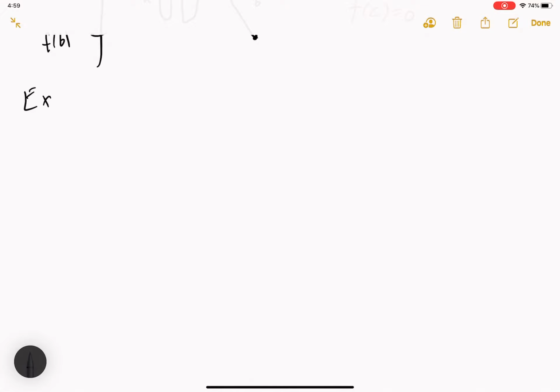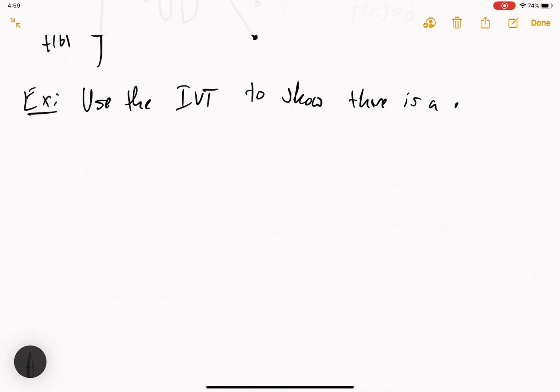So, example: use the IVT to show that there's a root of the equation, or you could say solution, if you would like, of the function: the cube root of x is equal to 1 minus x in the interval 0, 1.